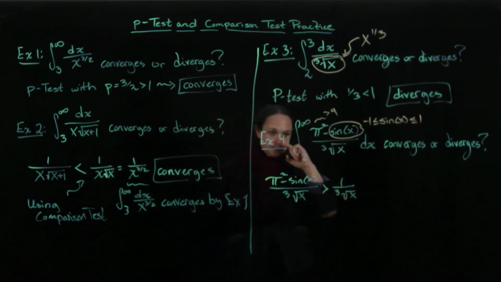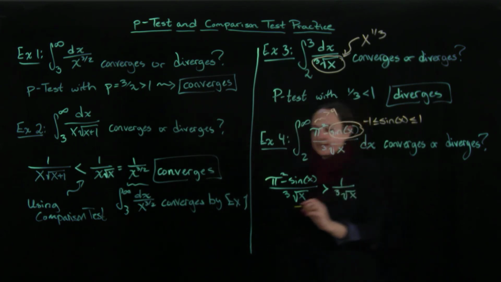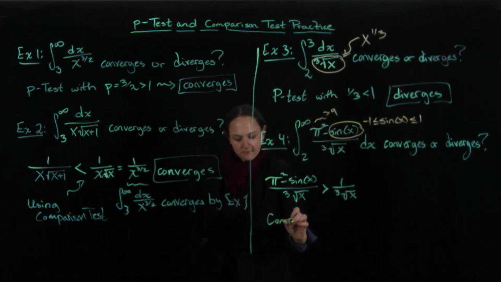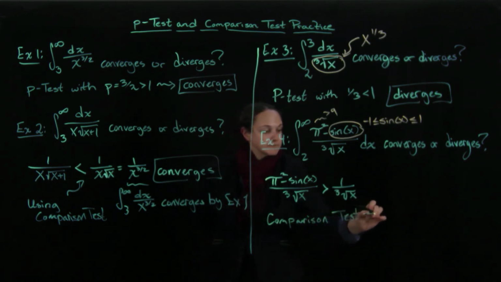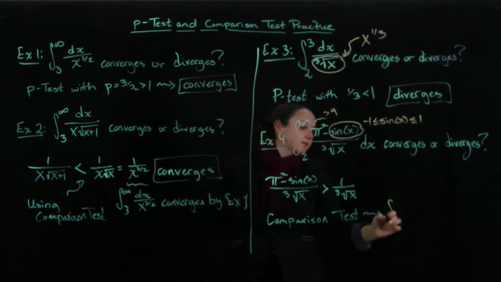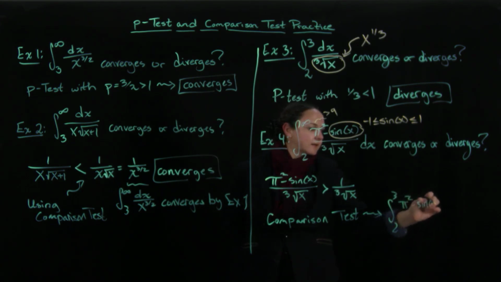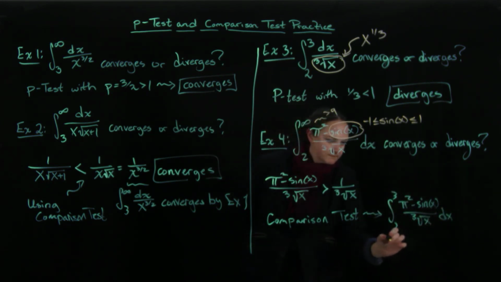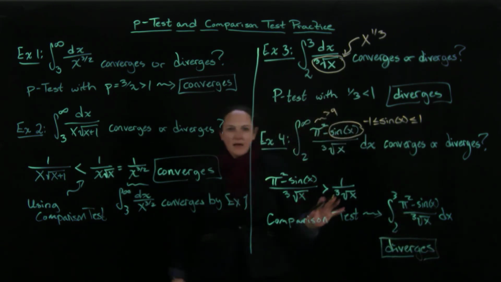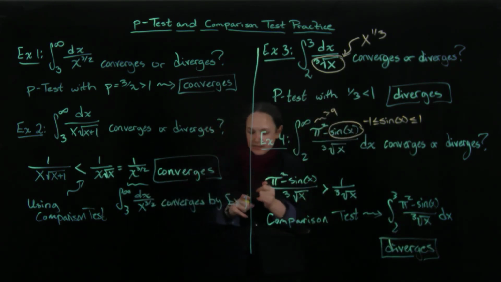So now we can use the comparison test. The comparison test says that this integral from 2 to infinity of pi squared minus sine of x over the cube root of x is going to diverge.